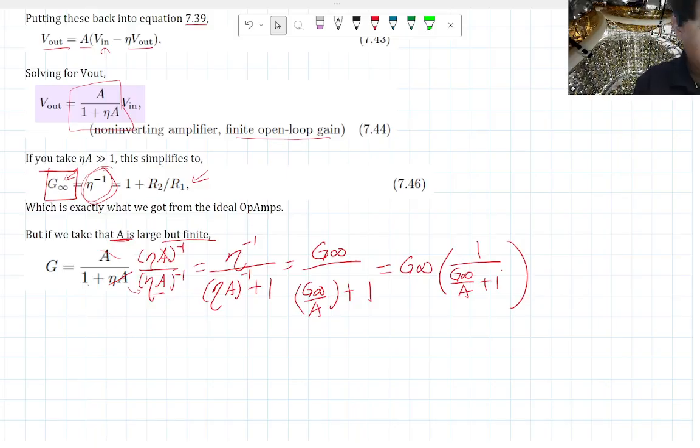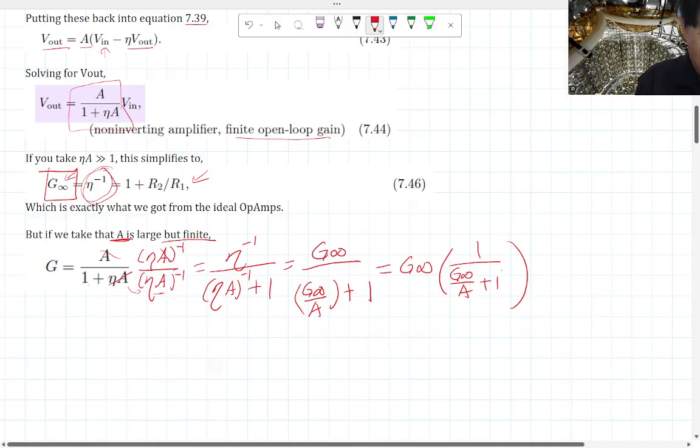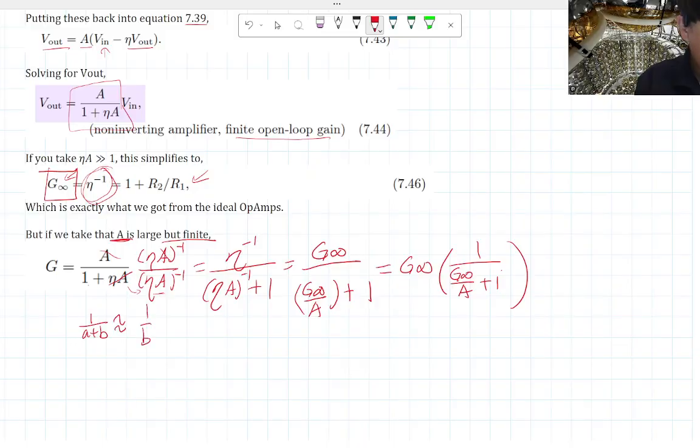So I'm going to write down the general form here. 1 over a plus b is approximately 1 over b, times 1 minus a over b. I'm just going to double check that real quick. Yeah. So a over b.